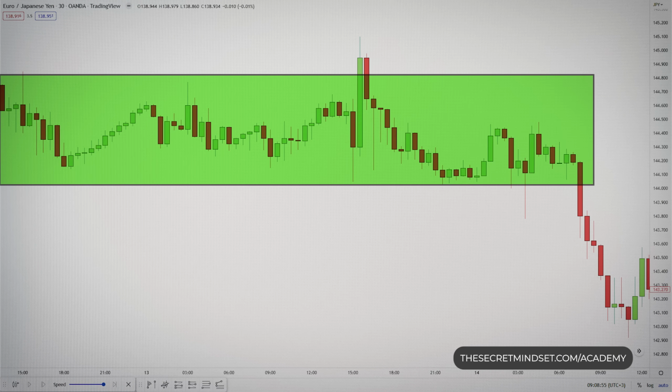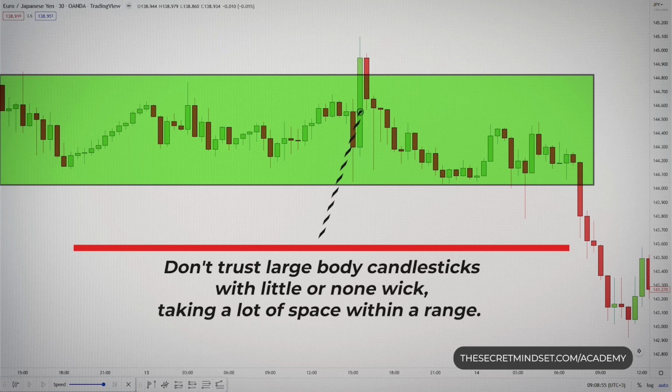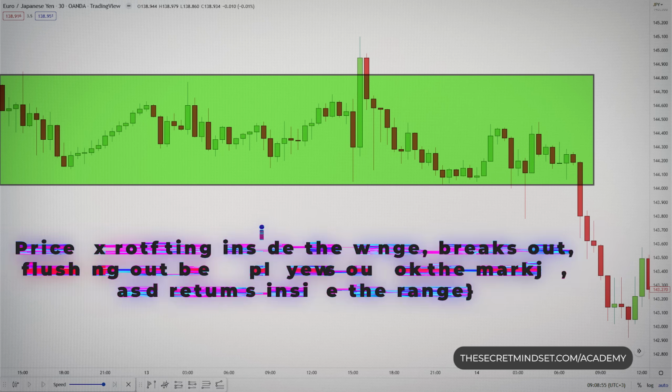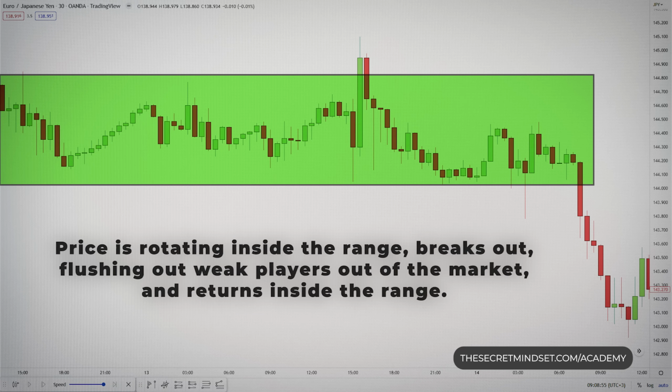Don't trust the high spread bars within a trading range. Often, you will see a large body candlestick with little or no wick taking a lot of space within a range. It looks very strong, but it can also trap a lot of traders to enter. Price is rotating inside the range, sometimes breaks out for a bit, flushing weak players out of the market.